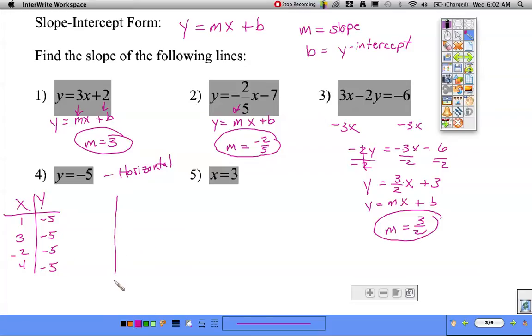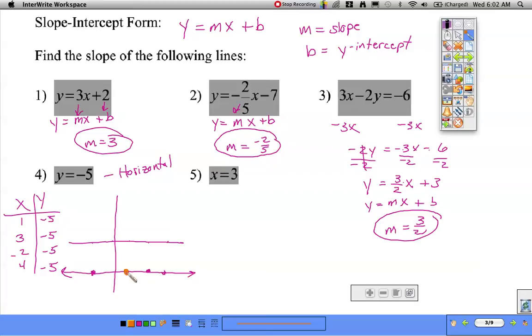Well, if you were to graph that, that would be 1, negative 5, 3, negative 5, negative 2, negative 5, 4, negative 5, and we end up getting this horizontal line that is represented by y equals negative 5. Well, the slope of that, you could do the rise over run method.